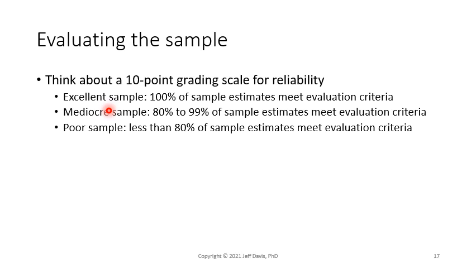So a mediocre sample is pretty much anything from 80% to 99%. A poor sample is anything where less than 80% of the sample estimates meet the evaluation criteria.